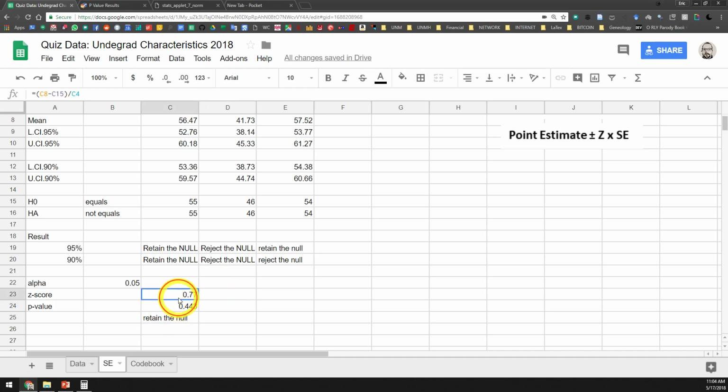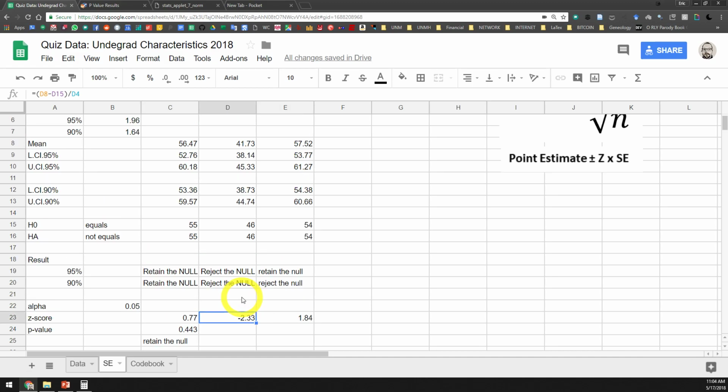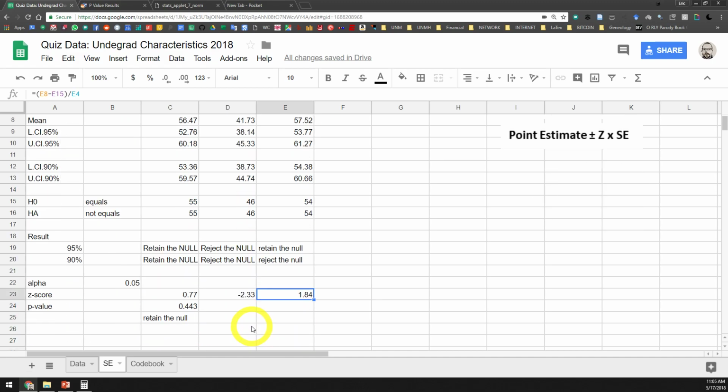So let's go ahead and pull our formulas over, and it will adjust the calculations relative to where we pull over. We get two different z-scores, negative 2.33 and 1.84.